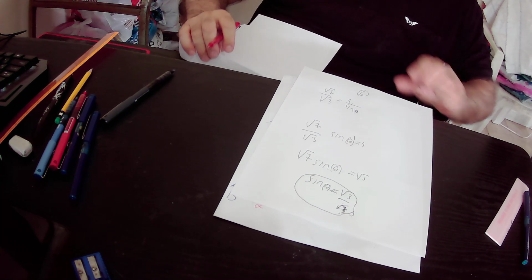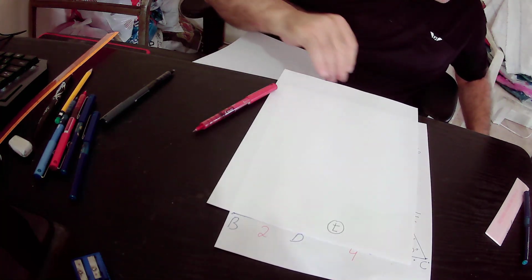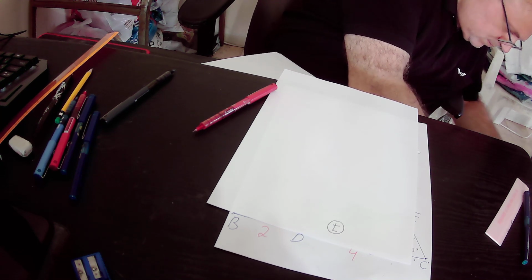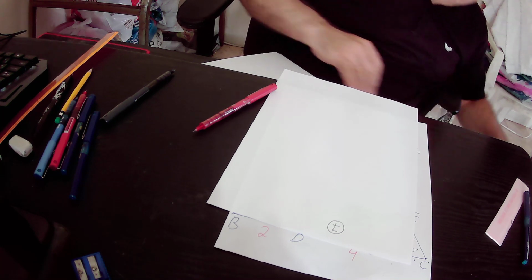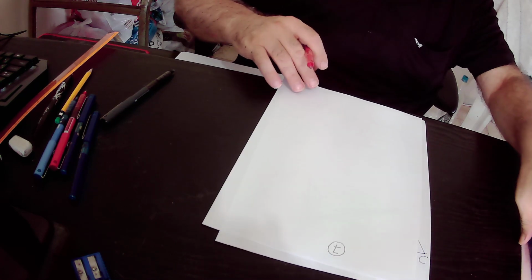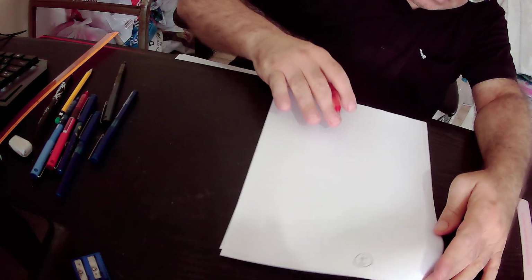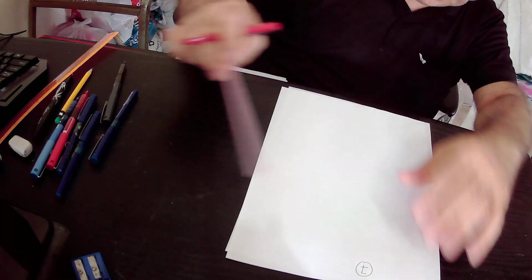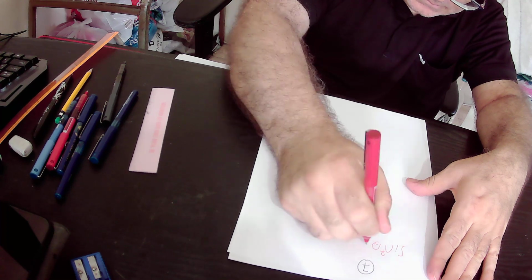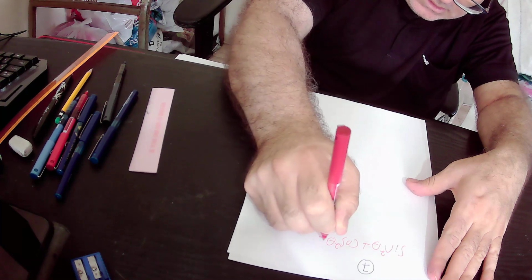According to the first trigonometric identity, sinus theta squared plus cosinus theta squared equals 1.